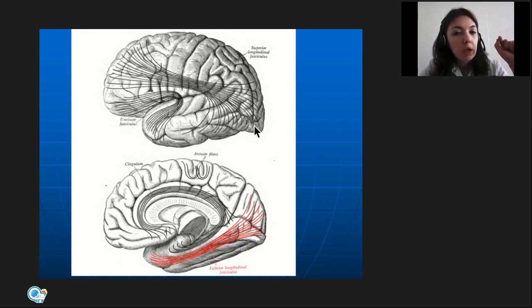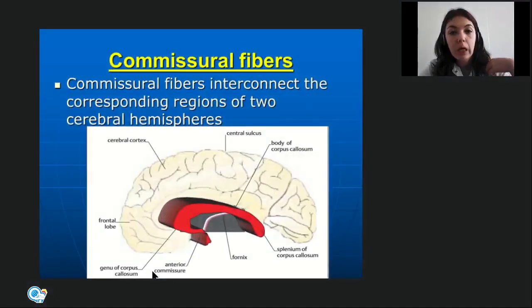The uncinate fasciculus connects cortex of the frontal lobe with the temporal lobe. The inferior longitudinal fasciculus connects the temporal lobe with the occipital lobe. Then the cingulum connects the frontal lobe with the occipital and also temporal. So there are different types of long association fibers.